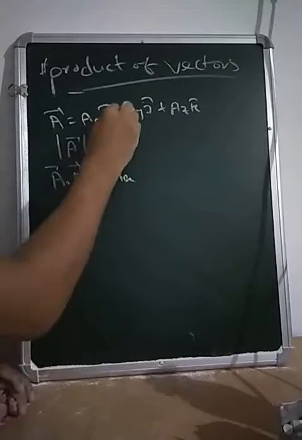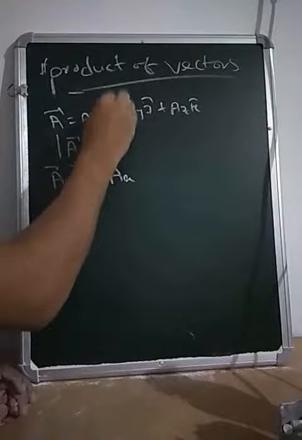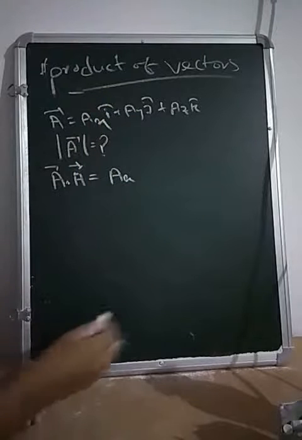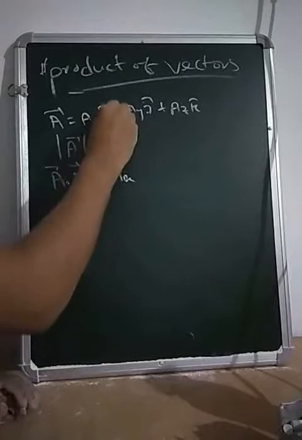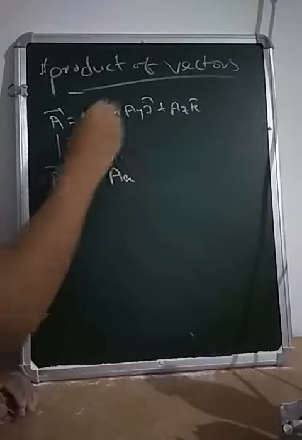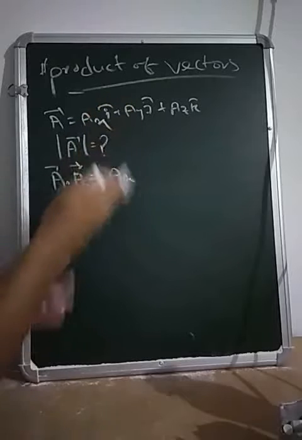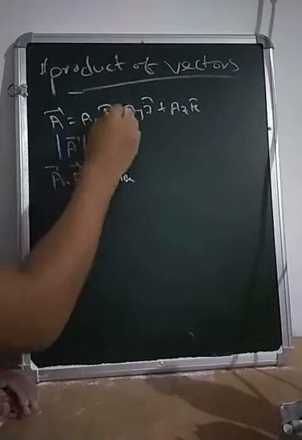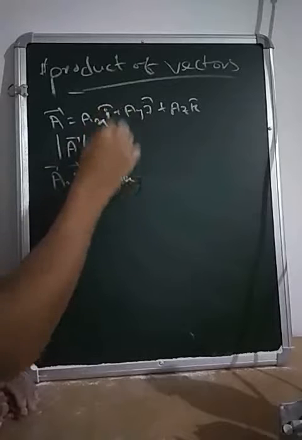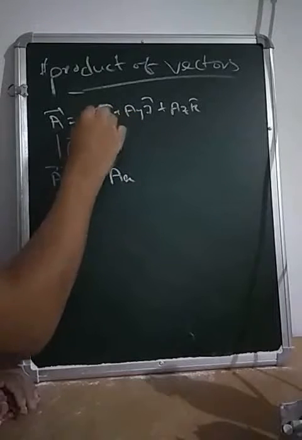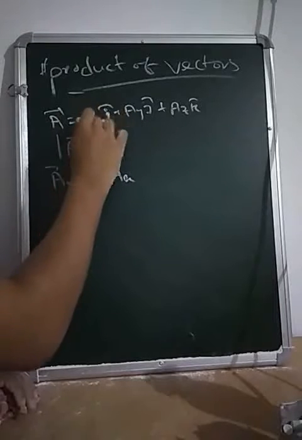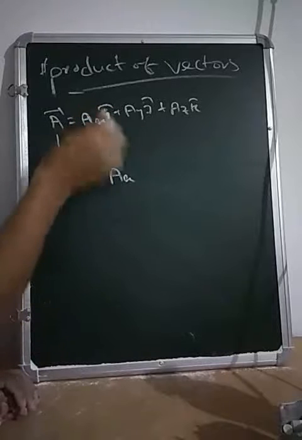So see, like earlier we discussed, in the final product term, only the terms where the dot product is performed with similar unit vectors will remain. That is, the component of x will multiply the component of x of the other vector only.